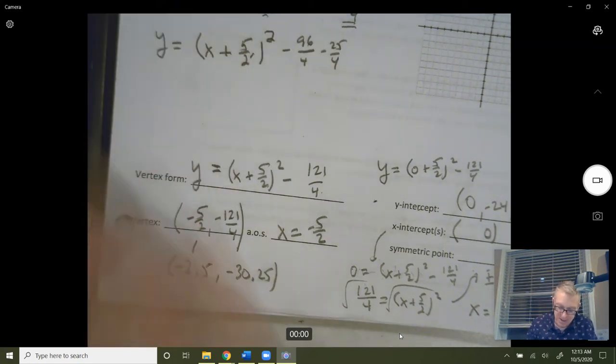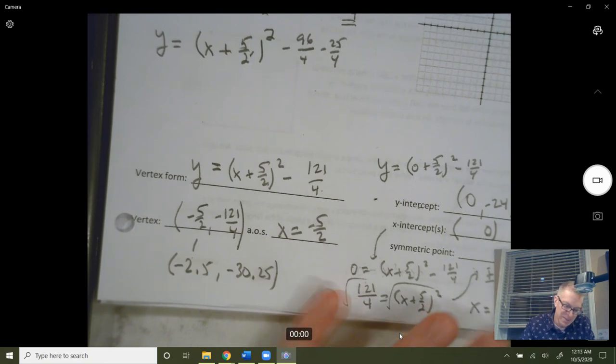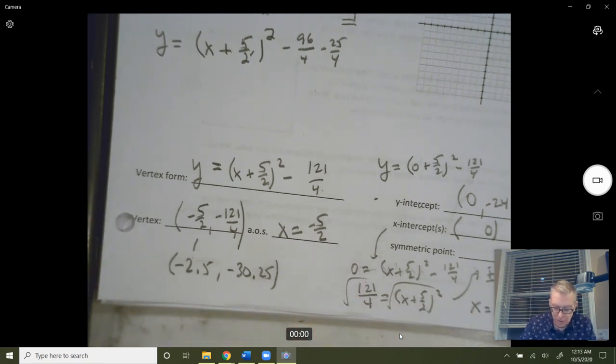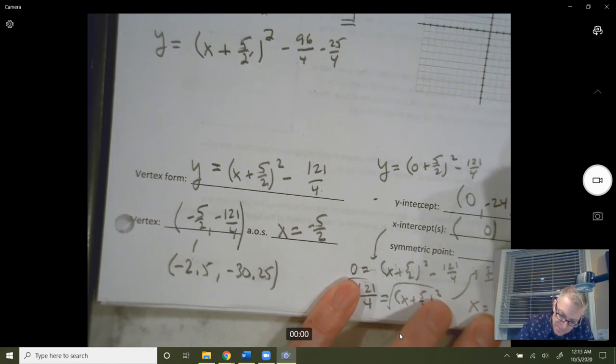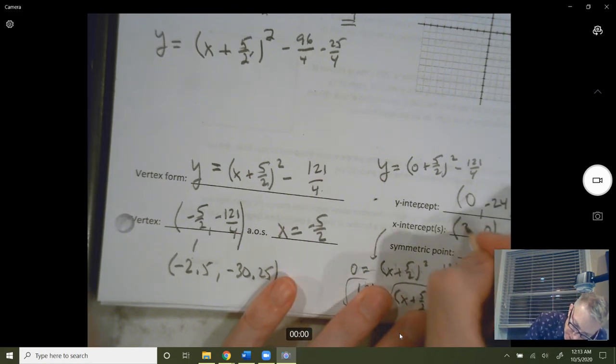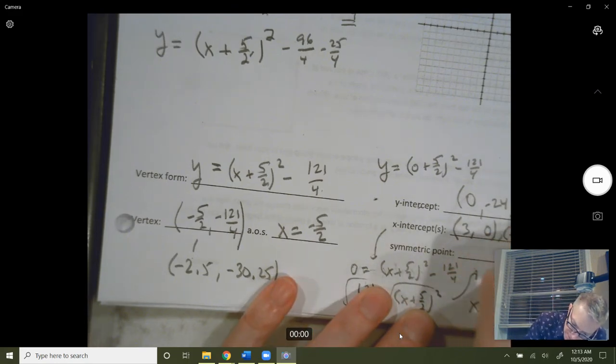We could have factored that. That would have been easier, but we haven't really gone over factoring yet, so this is okay. So our two numbers are negative 5 halves plus 11 over 2 and negative 5 halves minus 11 over 2. So 11 halves minus 5 halves is 6 halves, that's 3. And negative 5 minus 11 is negative 16 over 2, so negative 8. So we get (3, 0) and (negative 8, 0).